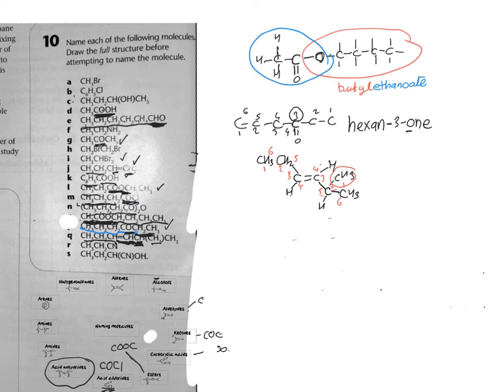It has a methyl group and it has a double bond which is on position 3 or 4, so we put it on position 3. So this molecule has got 6 carbons altogether, so its stem is hex, and therefore we're going to name it 2-methylhex-3-ene.